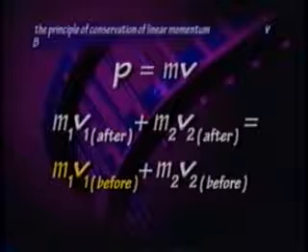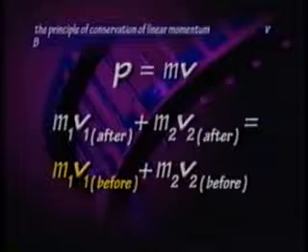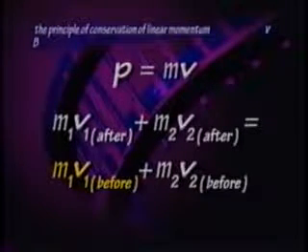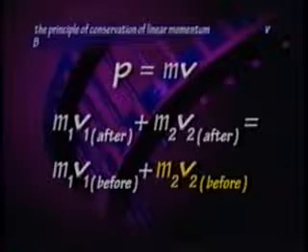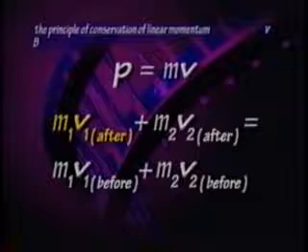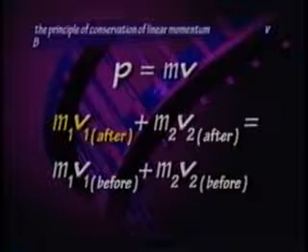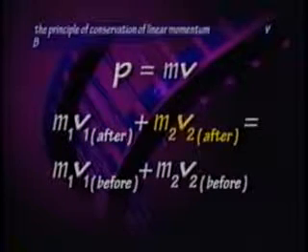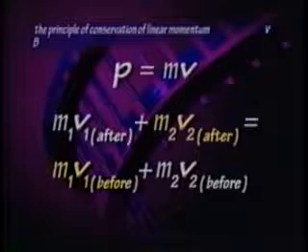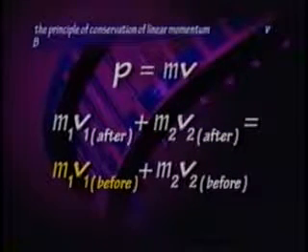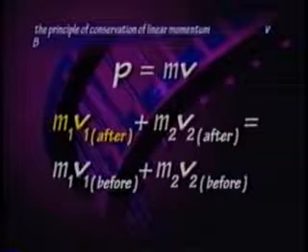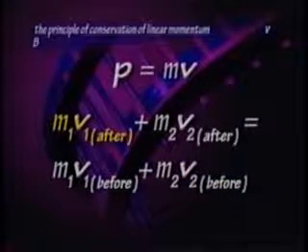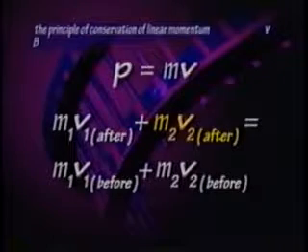Since P equals mv, if 2 particles collide, the mass of the first particle times its velocity before the collision plus the product of the mass and velocity of the second particle before the collision equals mass times velocity of the first particle after the collision plus the mass times velocity of the second particle after the collision, or m1 times v1 before plus m2 times v2 before equals m1 times v1 after plus m2 times v2 after.